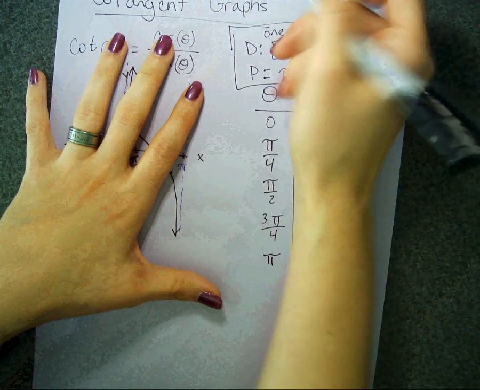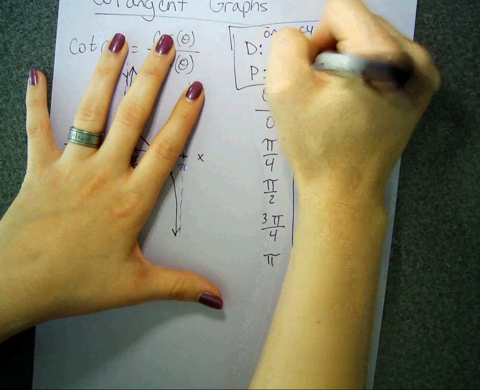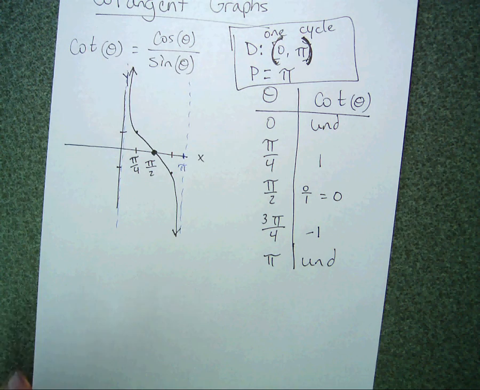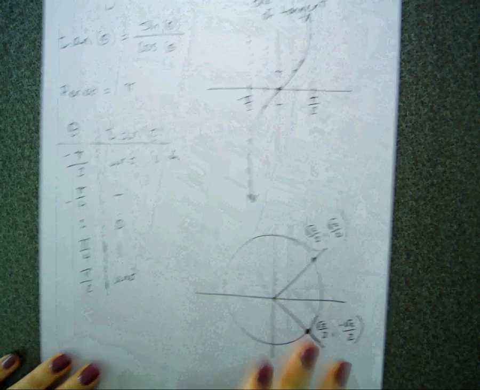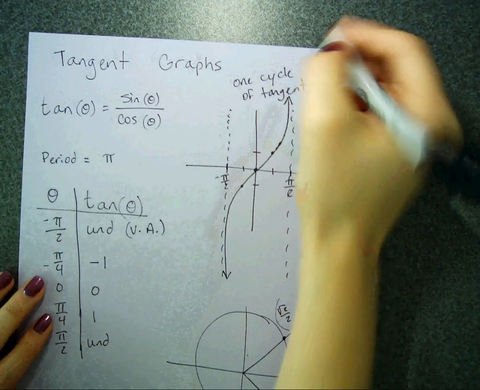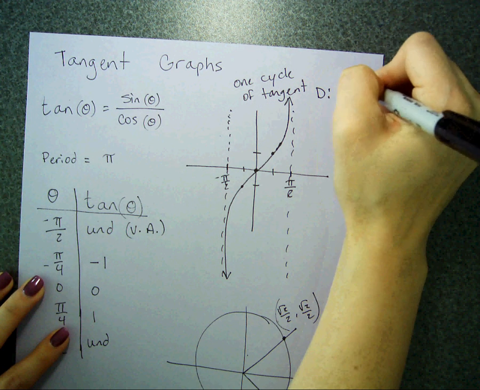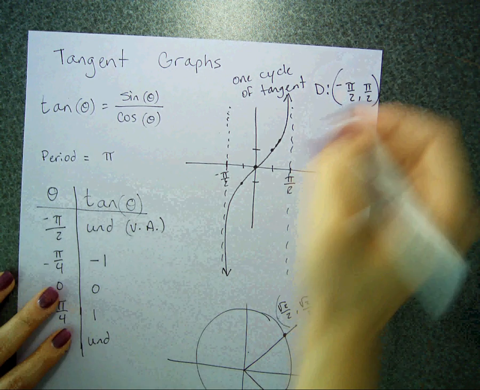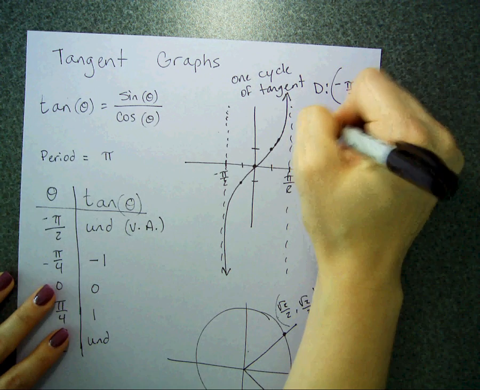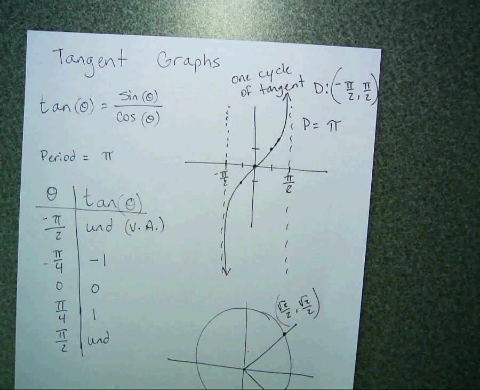I'm going to put parentheses because it's undefined there, not brackets. I'm going to switch back to tangent real quick. One cycle, the domain is negative pi over 2 to pi over 2. And again, parentheses because it's undefined there. And my period is again equal to pi. So those are the differences. Okay? If you have questions, of course, ask.